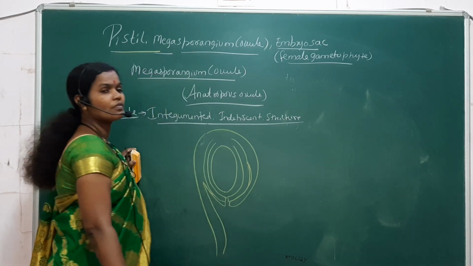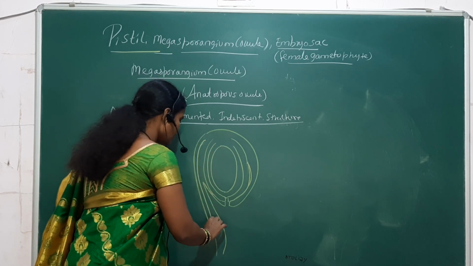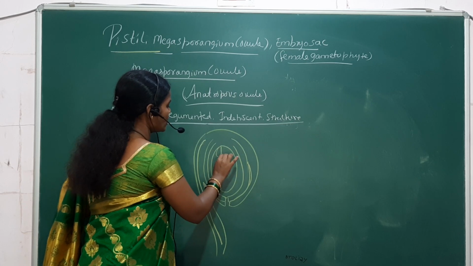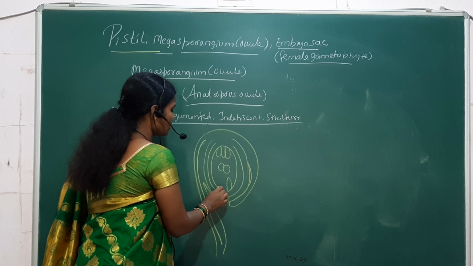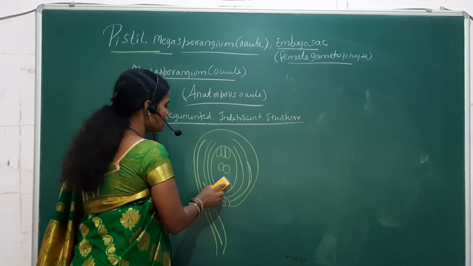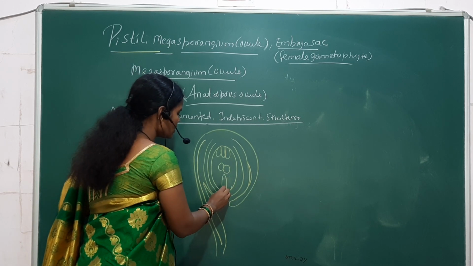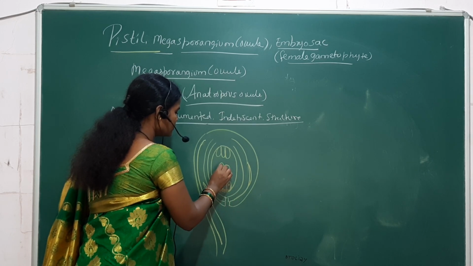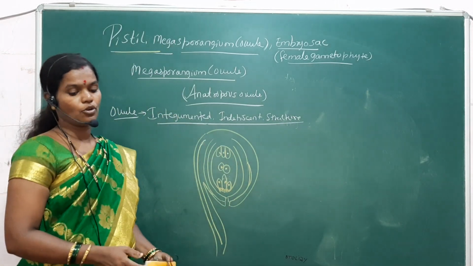So this is the structure of the anatropous ovule, and here we are going to see the parts, the cells which are present in the anatropous ovule.